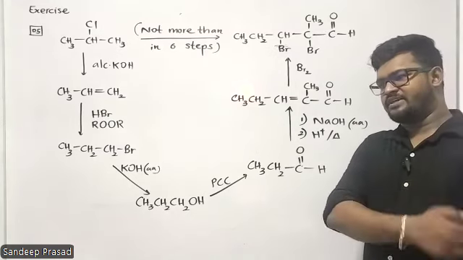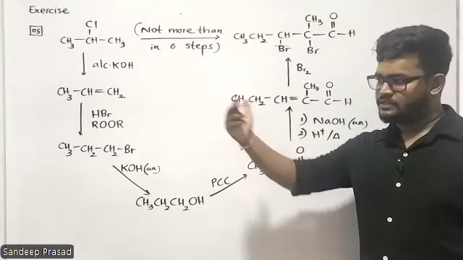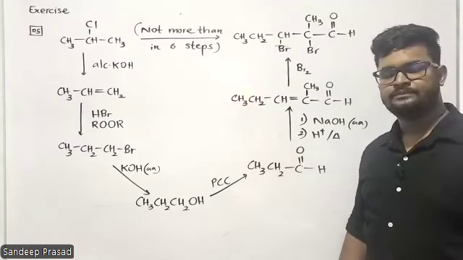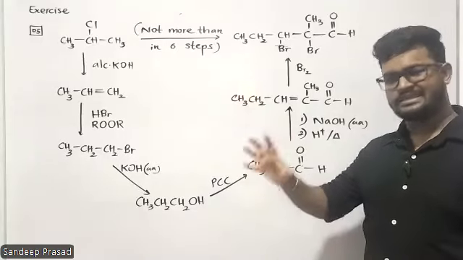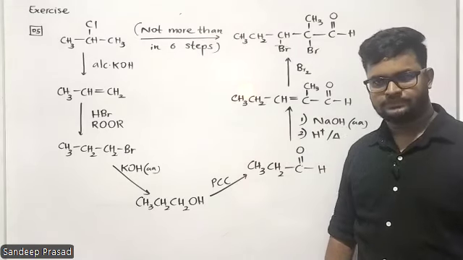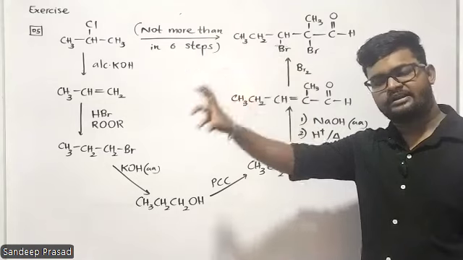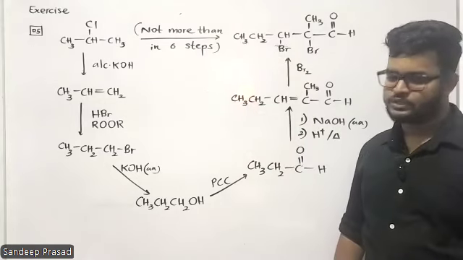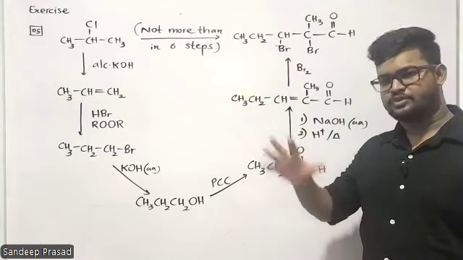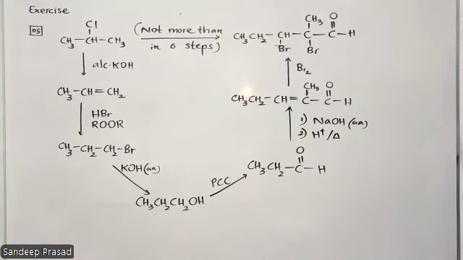Because we know that if there is a monosubstituted benzene ring, the second group which is coming to connect to the benzene ring is decided by the first group in the benzene ring.